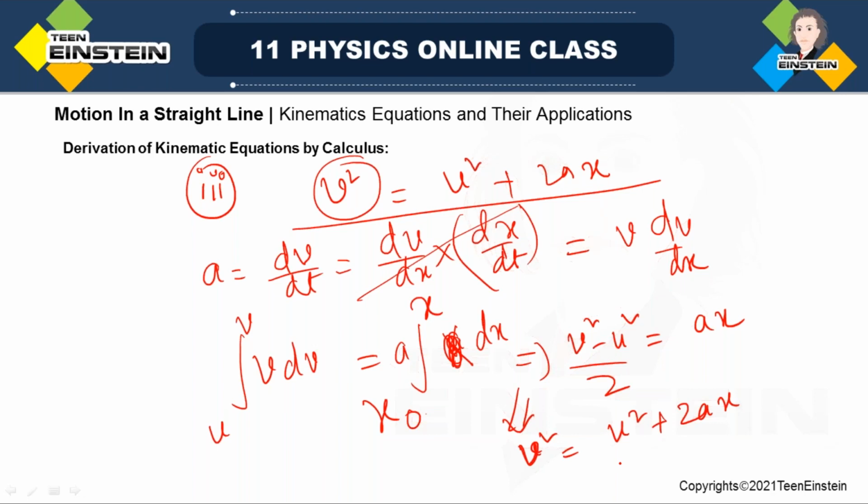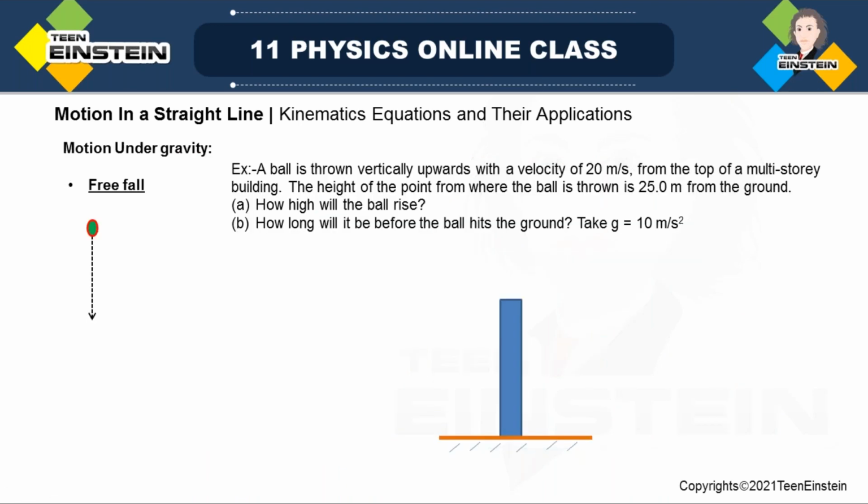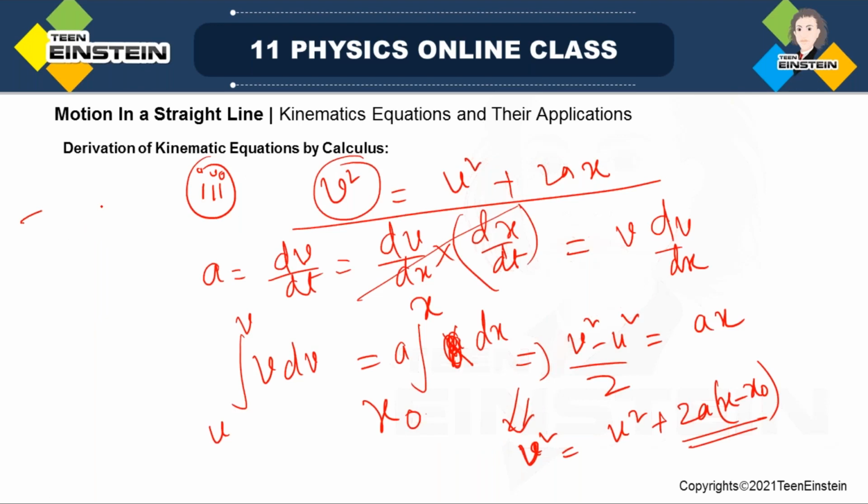Obviously this is not x, it is actually x minus x0, since we have taken the initial displacement x0 at time t equal to 0. With this, the derivation part is over for the various kinematic equations.